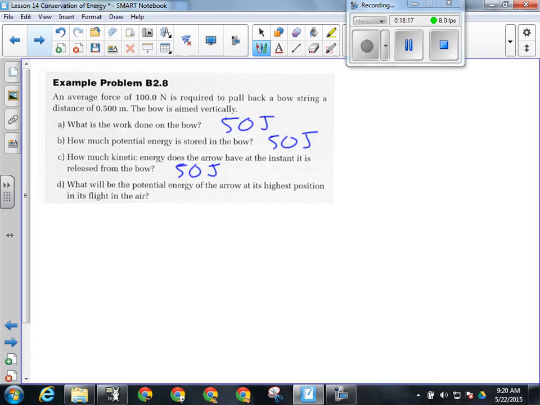So if we shoot it straight up in the air, when it's at that point where it stops and turns back around and comes back down, how much potential energy will it have up there? 50 joules. If we understand that concept, we understand the law of conservation of energy. I have occasionally put a question like that in as like a multiple choice kind of a thing on a unit exam.